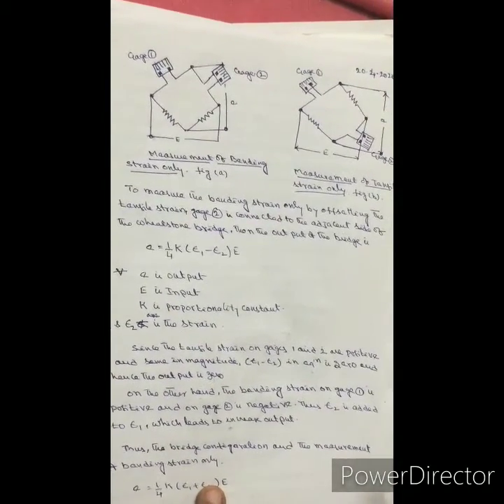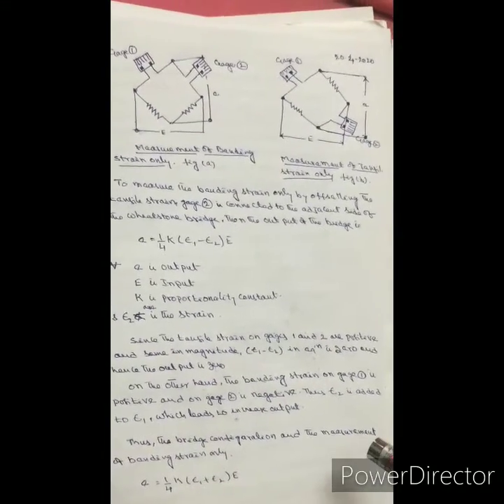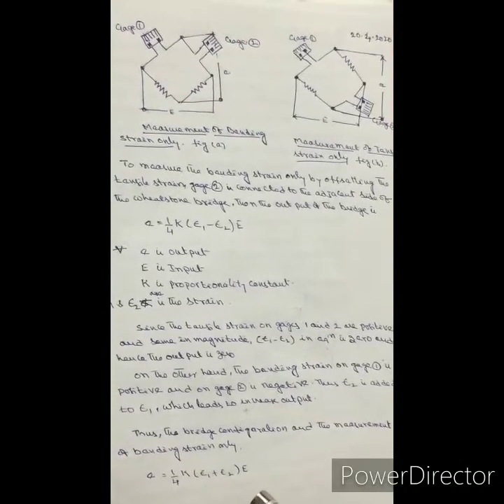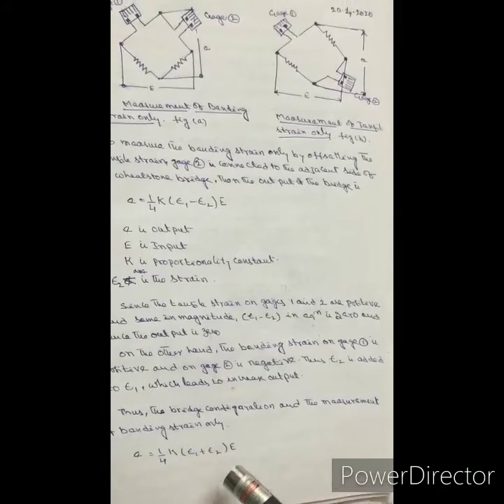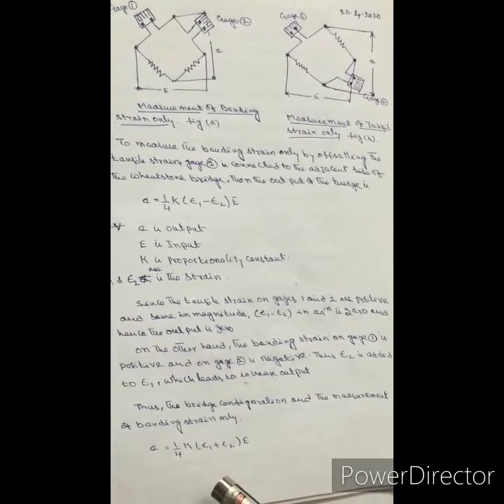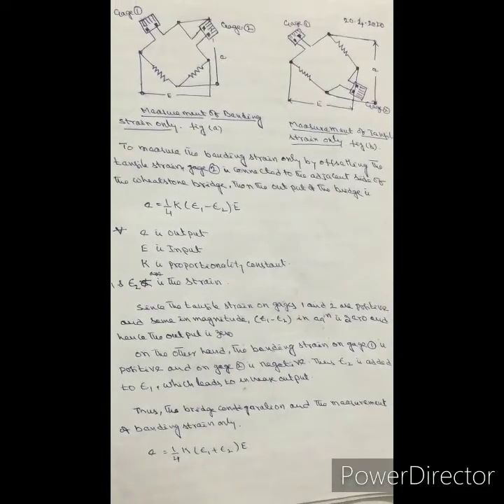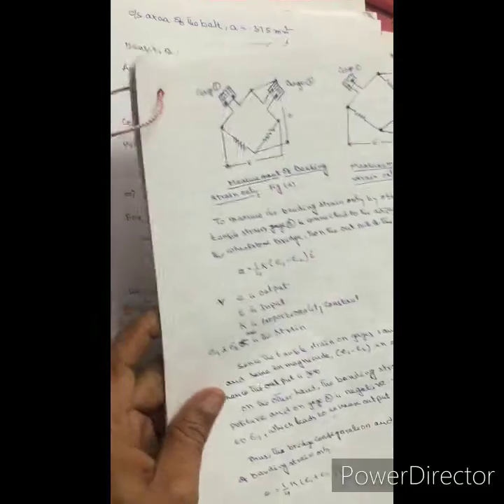Thus gauge 2 is added to epsilon 1, which leads to an increase in the output. We are not considering the negative sign. So for the Wheatstone bridge measurement of bending strain, small e is equal to 1 by 4 into K into epsilon 1 plus epsilon 2 into E. In this way we measure strain with strain gauges.